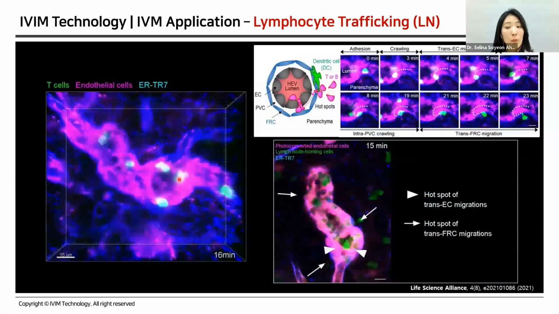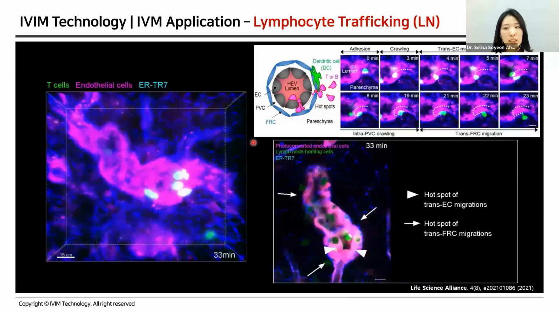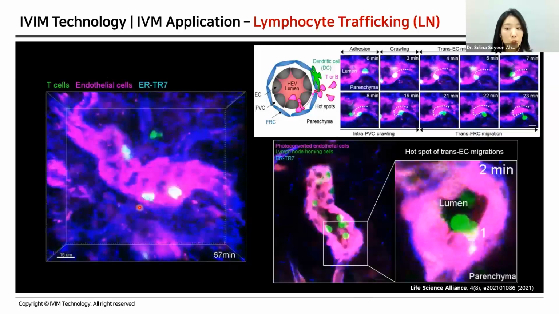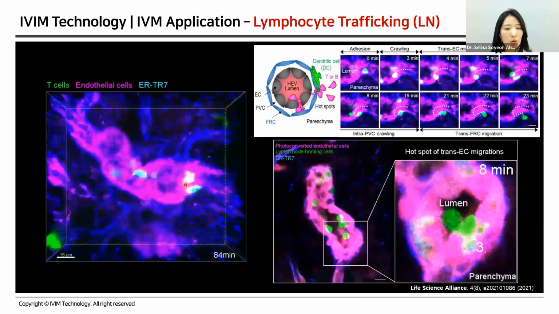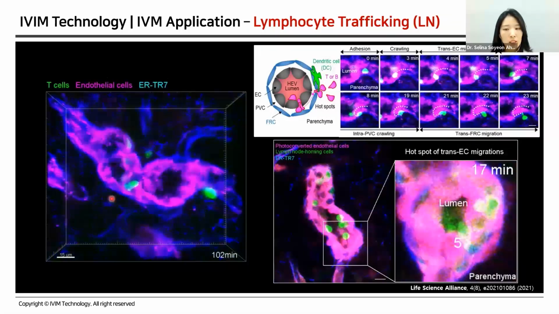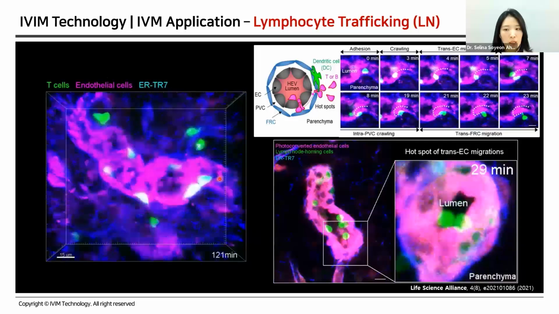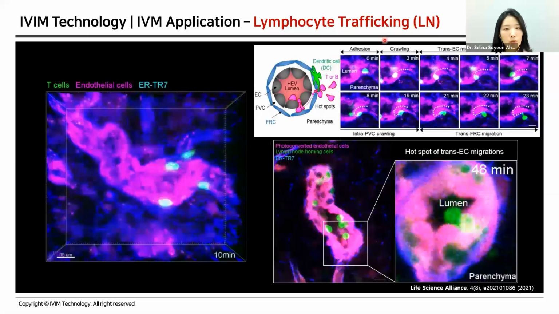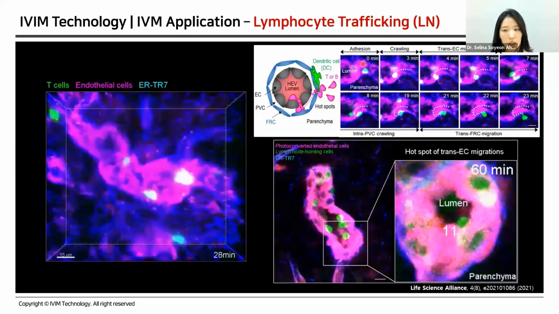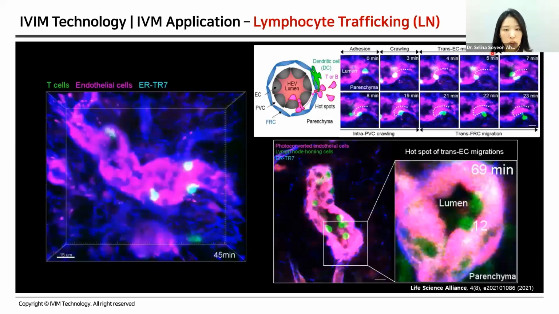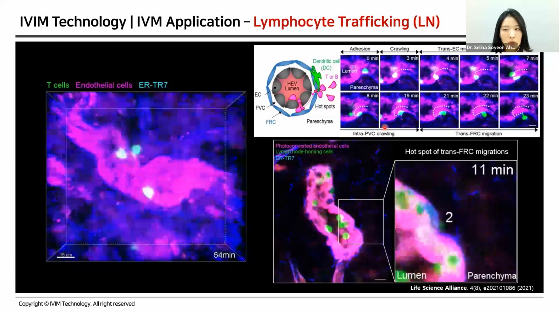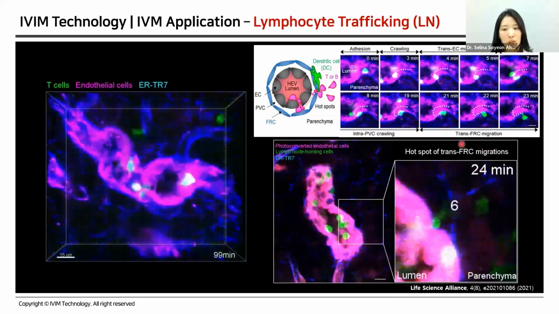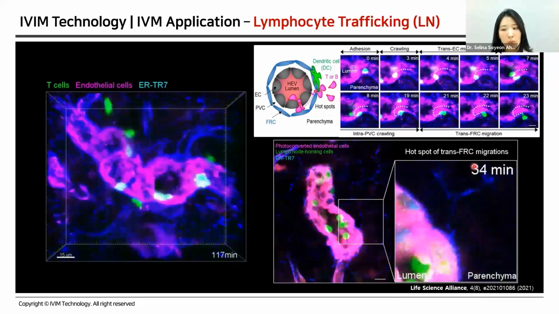And to monitor the stepwise transmigration process of the T cells in the high endothelial venule, we performed intravital 4D imaging analysis of the T cell migration across the high endothelial venule. It clearly shows the multiple steps of the T cell transmigration, which are composed of endothelial adhesion, intraluminal crawling, trans-EC migration, intra-perivascular channel crawling, and finally getting out of the high endothelial venule, arriving at the lymph node parenchyma.